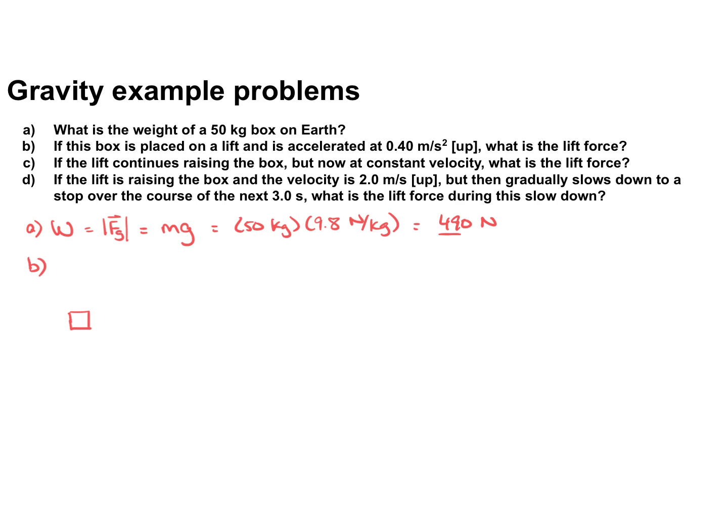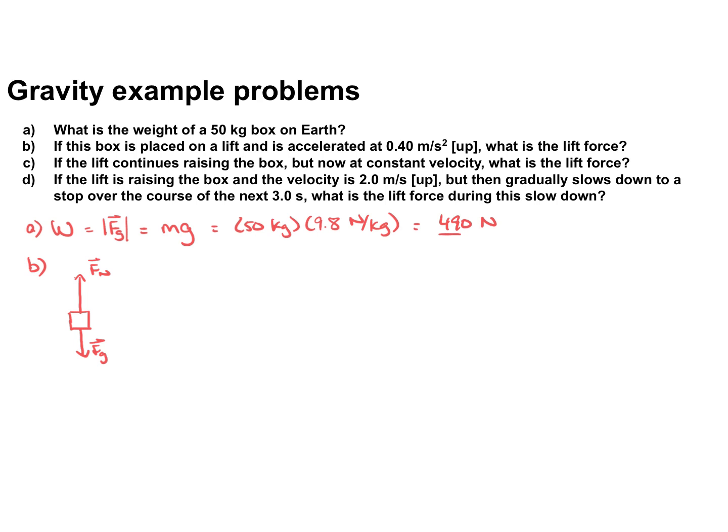Well, it's on an elevator. That's what a lift is, an elevator. So the elevator is pulling it up, pushing it up. And that's going to be called the normal force. Okay, so if you're on an elevator, you're standing on a platform, and so it's offering you a normal force, pushing you up. There's also gravity pulling down on the box.